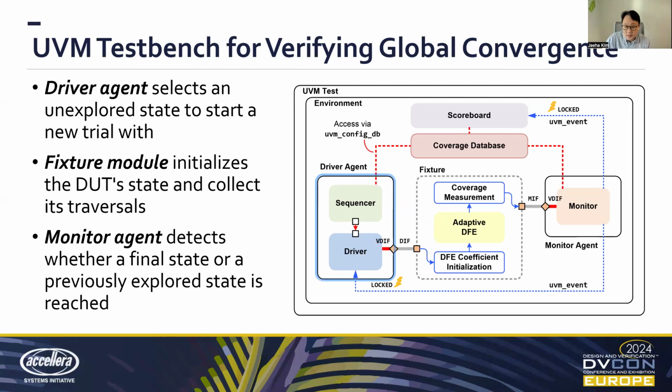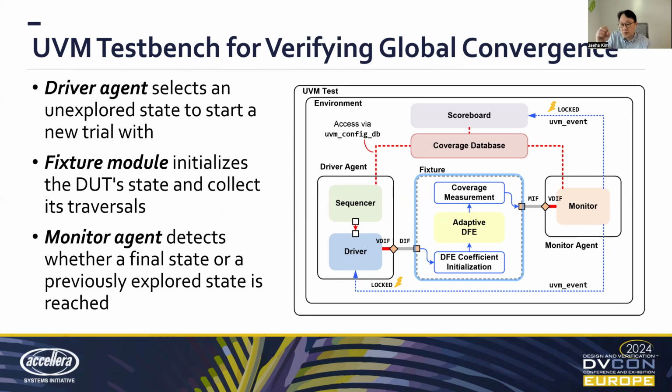So when the driver chooses a new initial state, the fixture will initialize the DFE adaptation loop with that value, and then let the adaptation loop run. Over time, it will adapt the filter coefficients, and eventually it will converge to some final state.